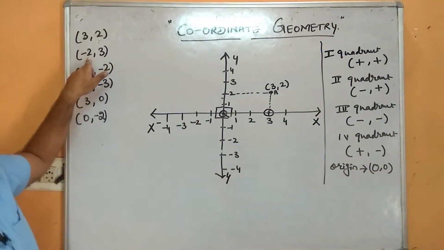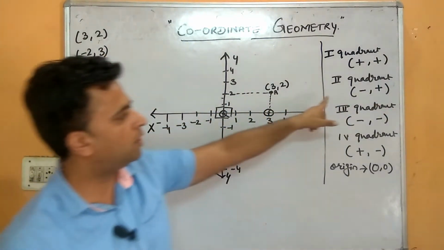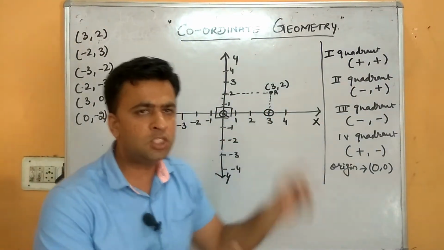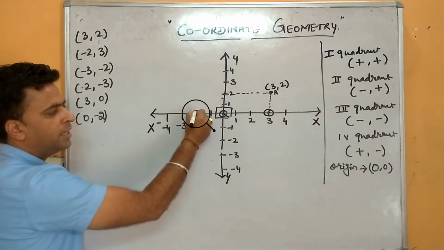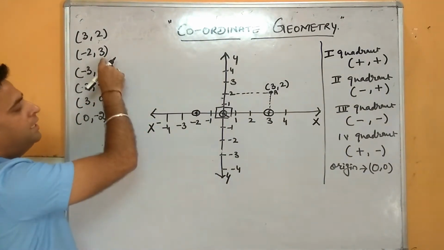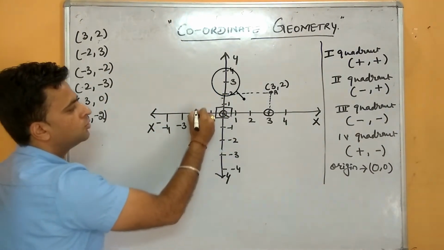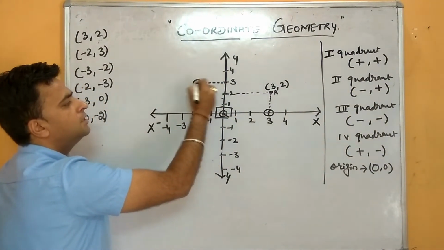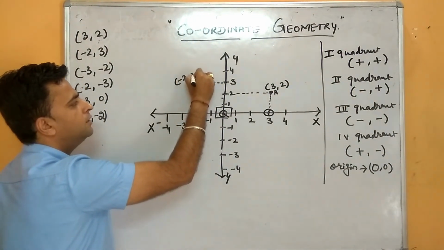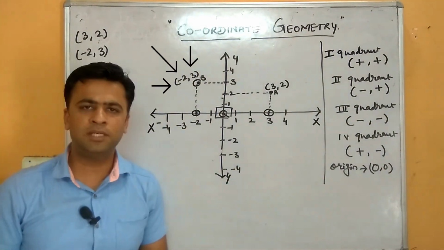As we know, the value of x is negative and the value of y is positive, that is the second quadrant. First take the value of x, that is minus 2, and then see the value of y, that is 3. So with the parallel line, we get minus 2 and 3. This vertex we have named B.